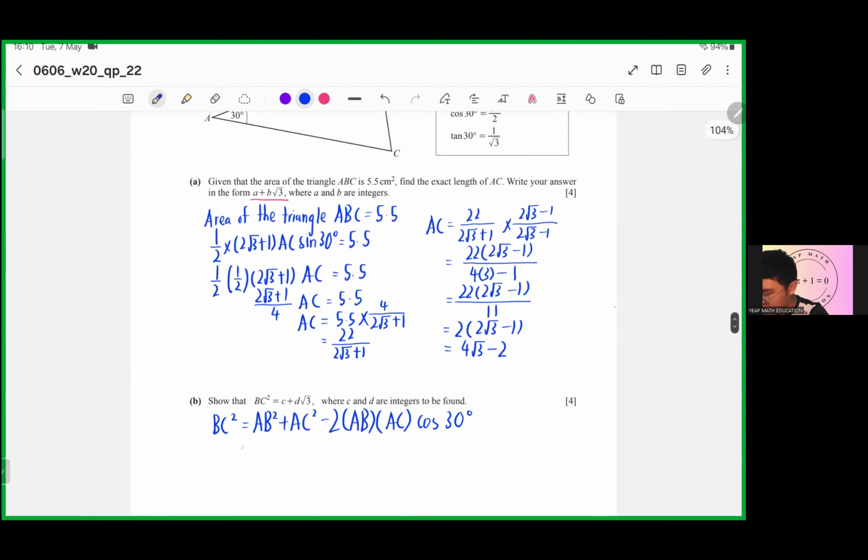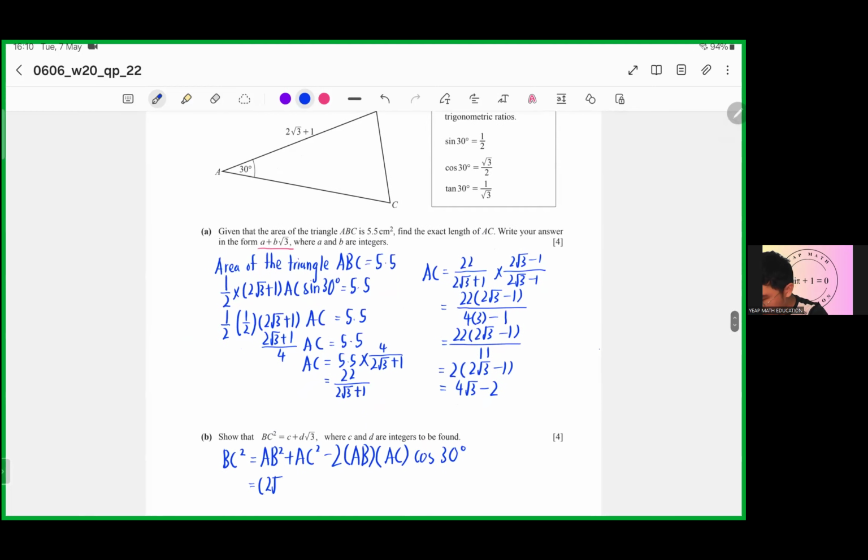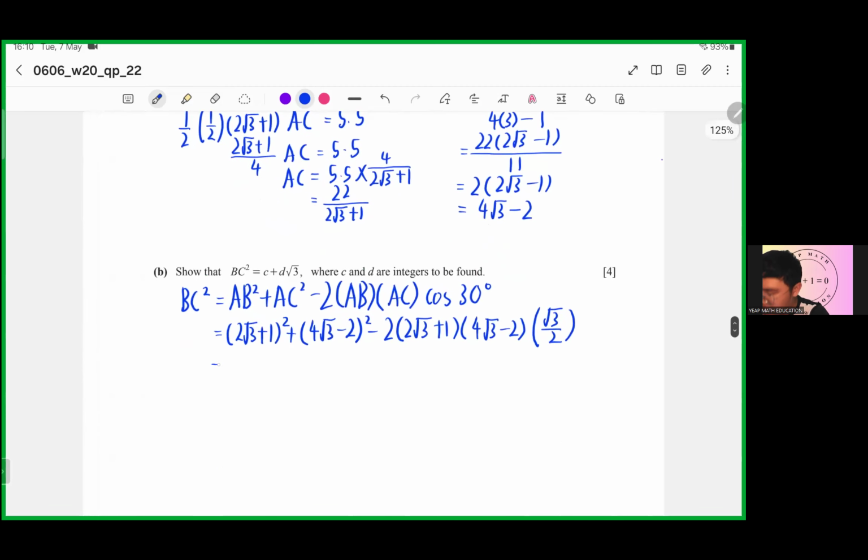So now we can write AB, 2 root 3 plus 1 squared, plus 4 root 3 minus 2 squared, minus 2 bracket 2 root 3 plus 1, 4 root 3 minus 2, and then here I put root 3 over 2. Now we do the expansions here.